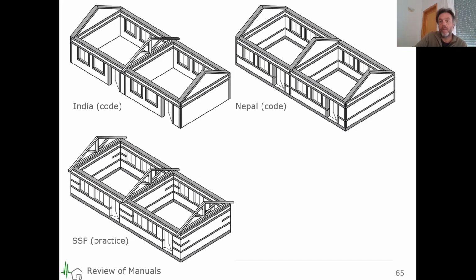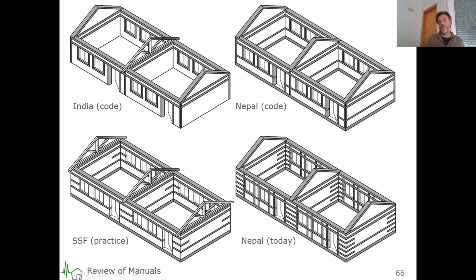After the earthquake in 2015, and bear in mind that this was demanded by the Nepalese code, we now see this in many cases, and this doesn't make sense to me at all. The reason why we moved from this to this is 2 reasons. Reason number 1 is that one big German NGO came up with beautiful drawings and pushed this forward, and everybody copied.